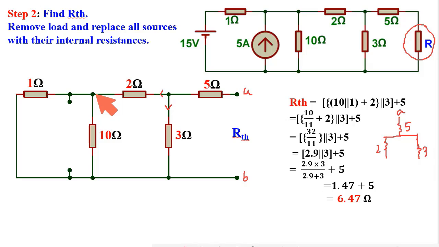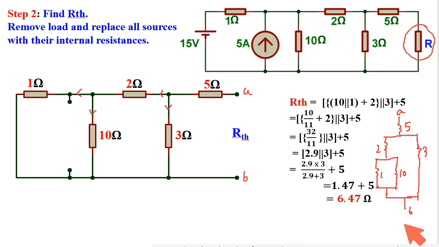At the end of this 2 ohm, again we got 2 paths: one is 1 ohm, another one is 10 ohm. This 1 and 10 meet at a particular point. This point and the end of the 3 ohm are the same, and ultimately the point is B.